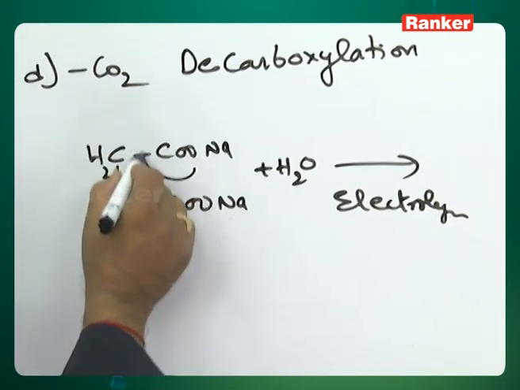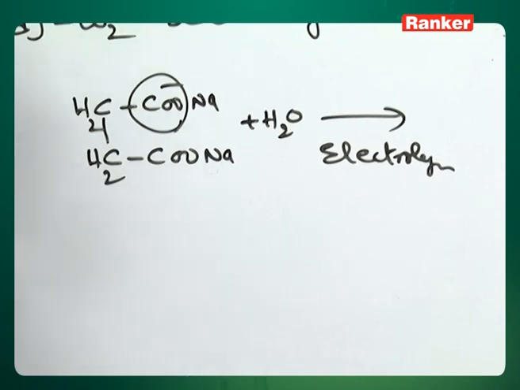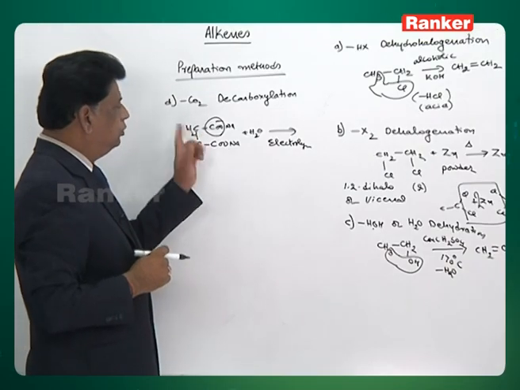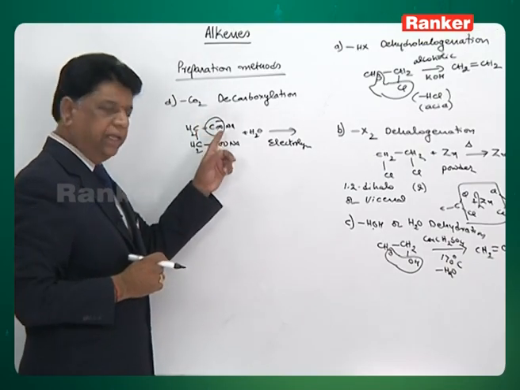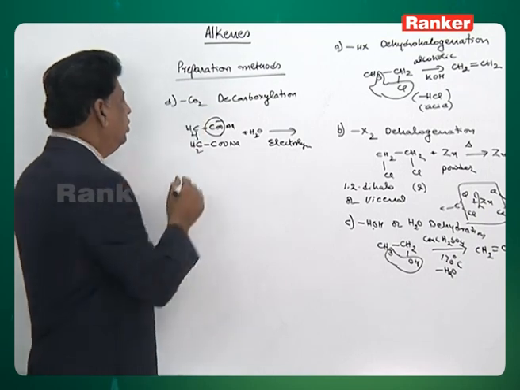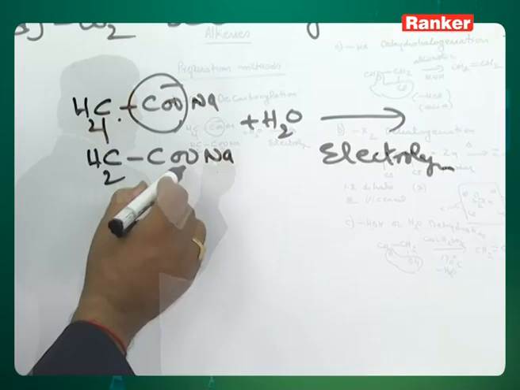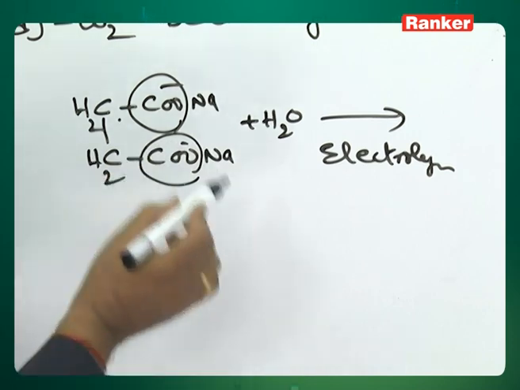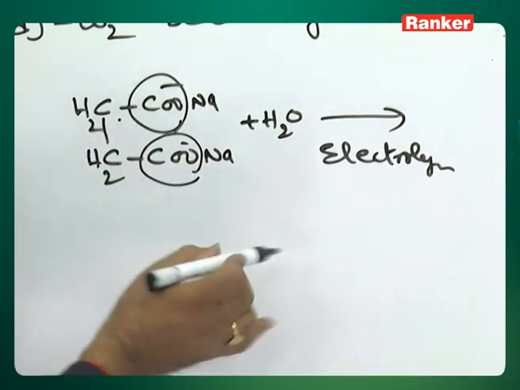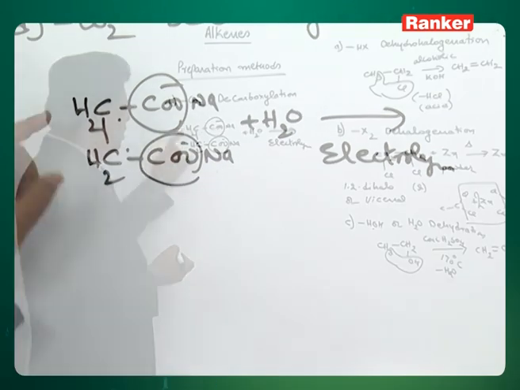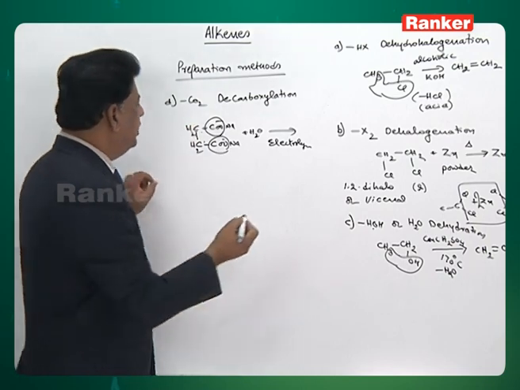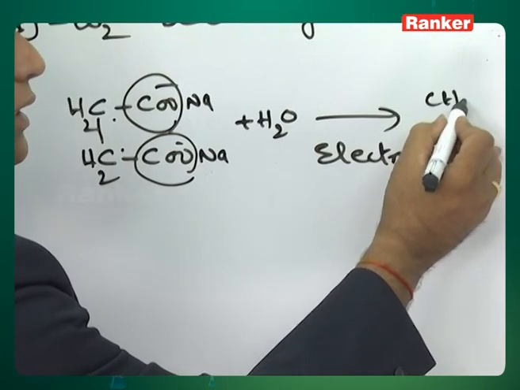So here COO minus loses one electron and becomes a free radical. The CO2 will go, a dot will come here. Similarly, the other COO minus will become a dot, and then decompose into CO2, and a dot is formed. Two free radicals will join up, and you will get ethylene formation.